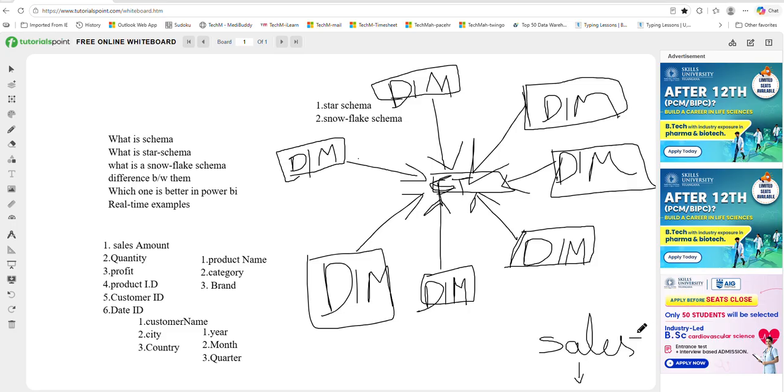Here date will be there. Just assume like date. Here the screen is not going here, so I am just saying here so you can understand. Just practice in your home, guys. The date table is also there. In the sales table, date column is there, and here product column.